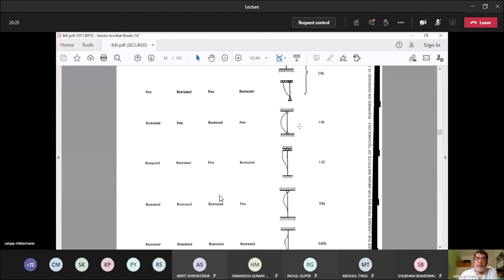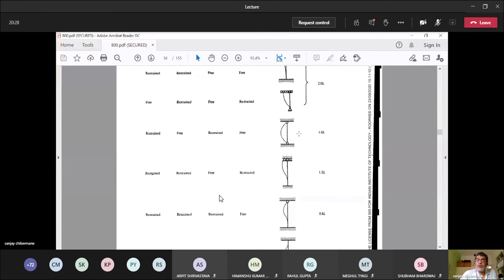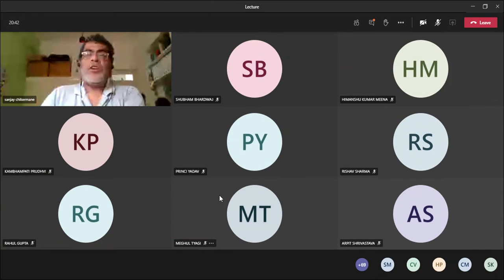So of course, these conditions, the 1.2L that they mention, there is a difference between what is the theoretical and the recommended value, so now let me share the PPT again. Can you see the PPT now?